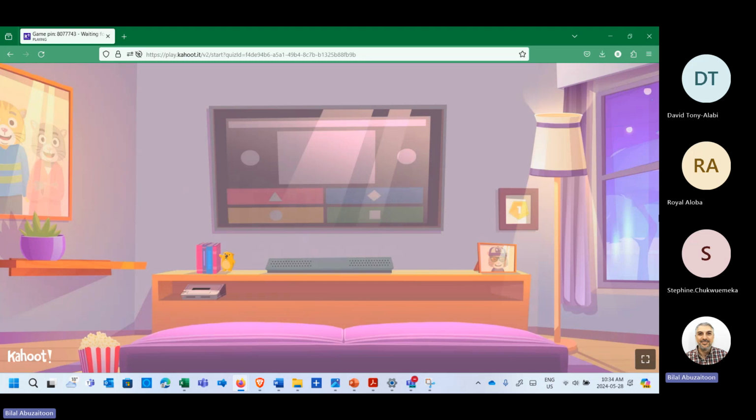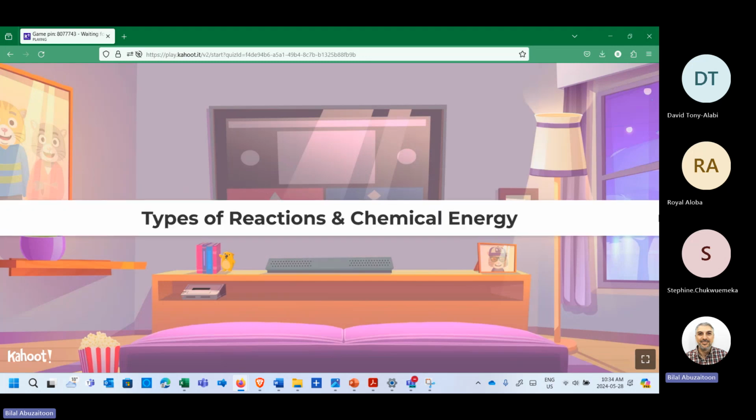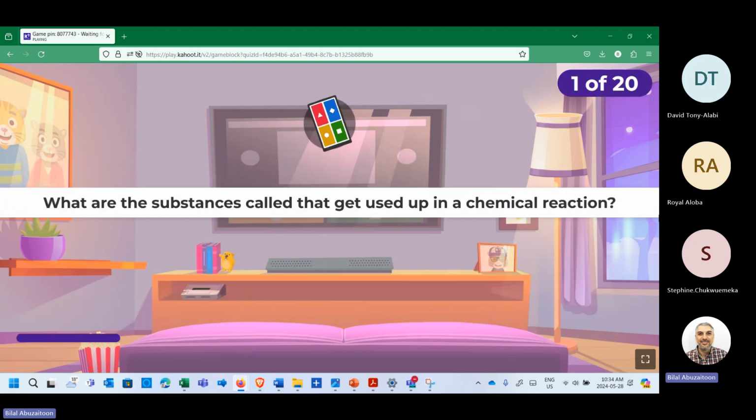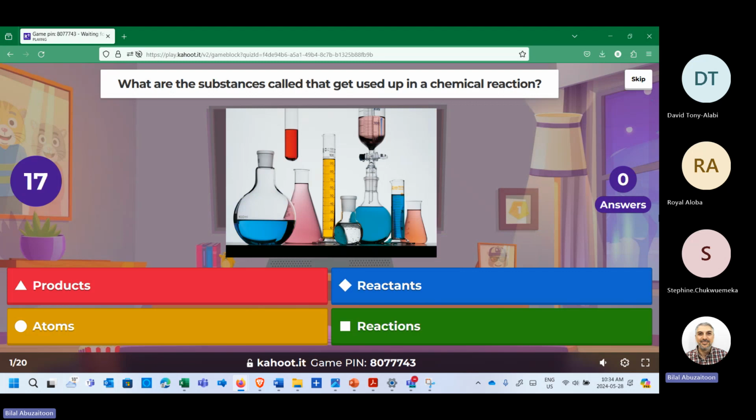Okay. Types of reactions and chemical energy. What are substances called that get used up in a chemical reaction? Used up.